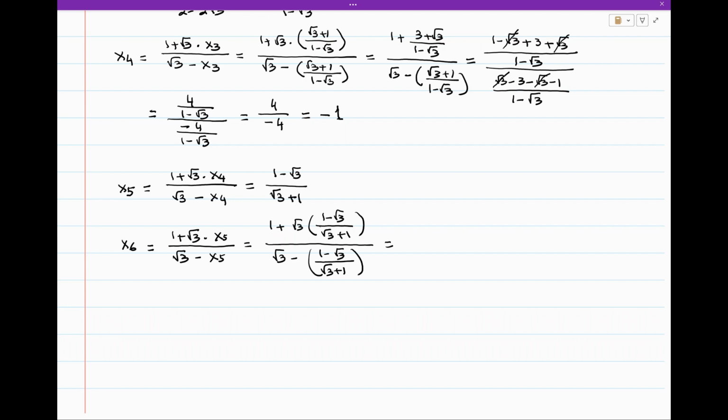and that is equal to 1 plus square root of 3 minus 3 divided by square root of 3 plus 1, divided by square root of 3 minus 1 minus square root of 3 divided by square root of 3 plus 1.